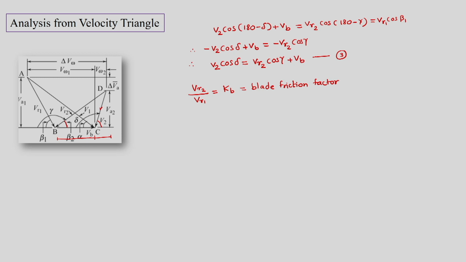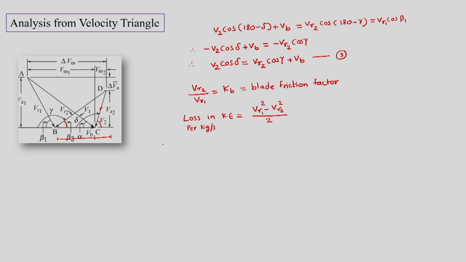This Kb is of interest to be known for estimating the different performance parameters of the impulse turbine, since there is loss in kinetic energy of the flow due to friction, and that is VR1 square minus VR2 square divided by 2, per kg per second. This is the loss in kinetic energy or power due to friction inside the blades.